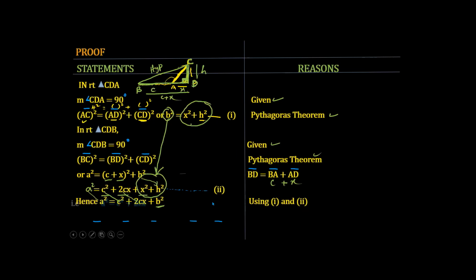It's very easy. Okay, now A square is equal to C square plus 2CX plus B square.